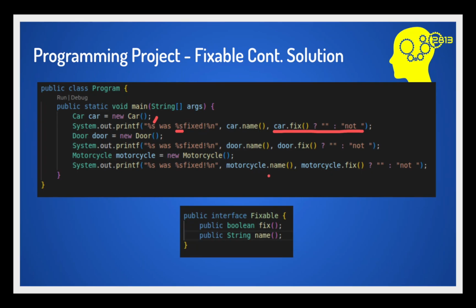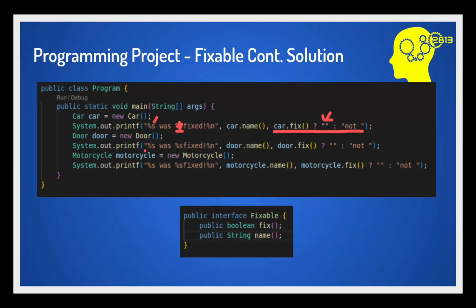So for example, if you have a car called Lightning McQueen, and it is fixed, so this returns true, then it's going to pick this one, and then the string you'll get is going to be Lightning McQueen was, and since this is nothing, it'll just go away, fixed, and then it goes to the new line.